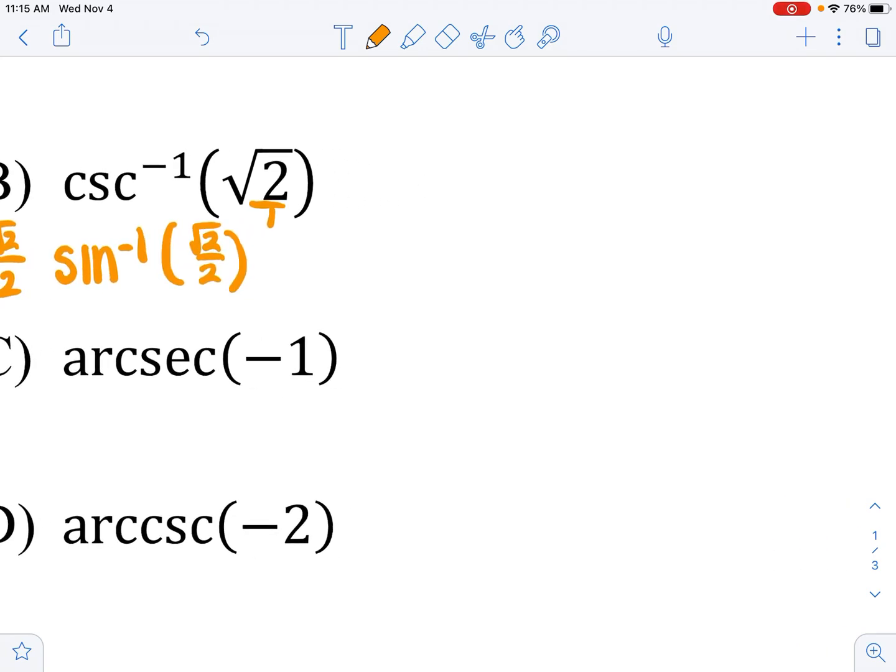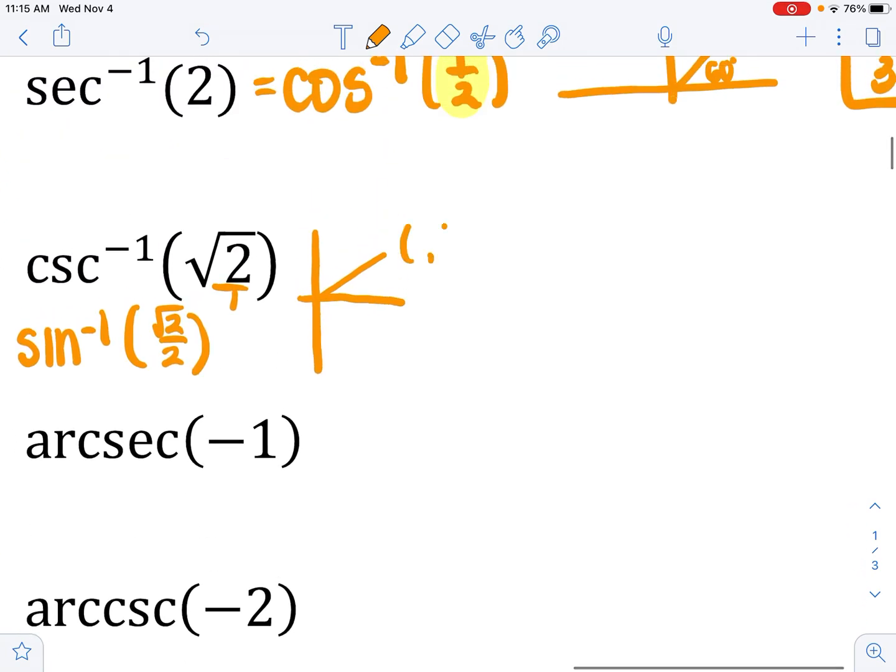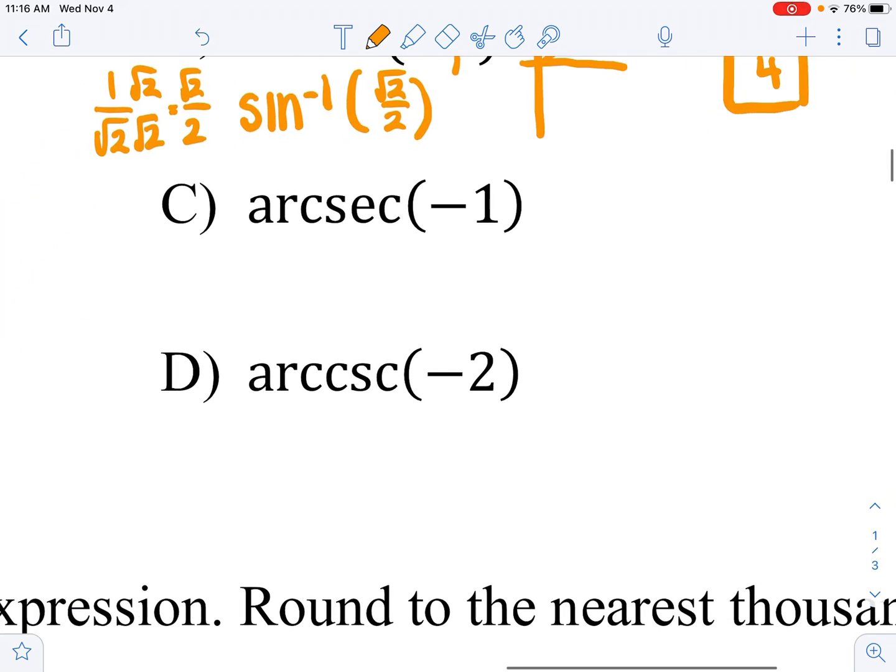So this is the same thing as sine inverse of root 2 over 2, which I can do. Which two quadrants is sine inverse defined in? 1 and 4. Where is sine positive? Because root 2 over 2 is positive, the first quadrant. Sine is my y value. So I want to know what that angle is. That's my 45-degree reference angle, which is pi over 4.